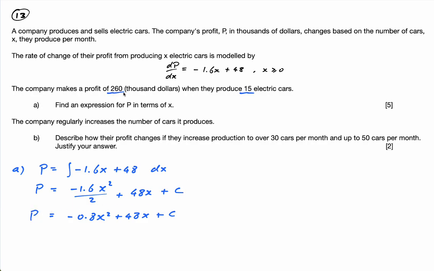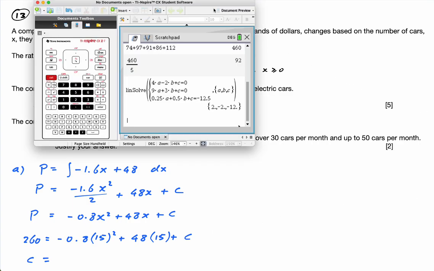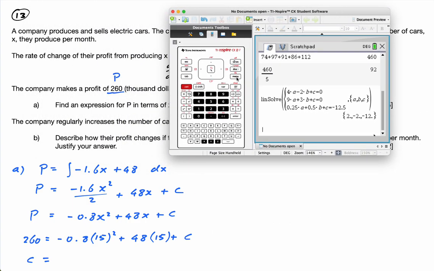So how do I find C? Well, we sub in 260 for P because that's the profit, and we sub in 15 for X. So I have 260 equals negative 0.8 times 15 squared plus 48 times 15 plus C. May as well just use numerical solve here.